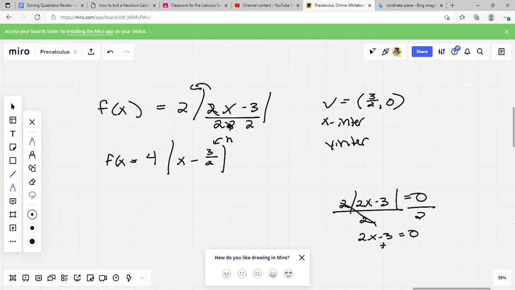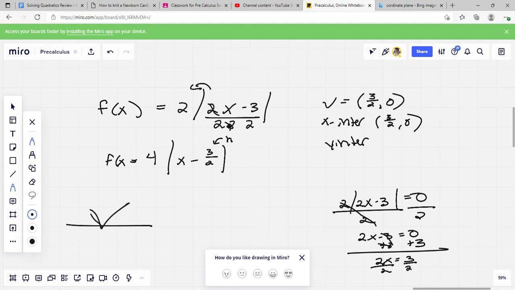So I'll do plus 3. 2x equals 3, divided by 2, and 3 over 2 is my x. And my y would be 0. So that's telling us that my x-intercept is the vertex. They're both the same, right? So it's one of those where we have our x-line, and our vertex is right on the x-line. So we only have one answer.